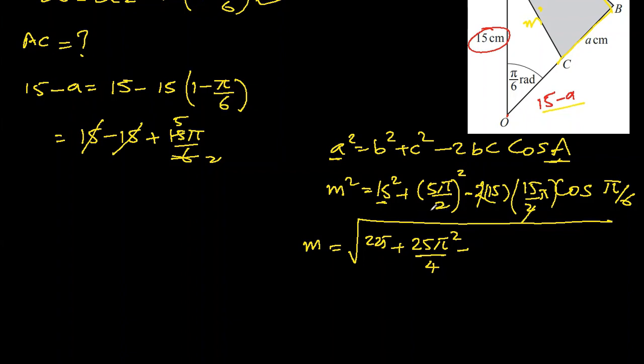Did I get 15 over 2 pi here? No, it was 5 pi by 2, so not this one. Okay, so 15 times 5 is 75. Cos pi by 6 is square root 3 over 2. Put this whole thing in a calculator and you'll get the side AC, which is assumed to be M. I'm doing it myself with my calculator.